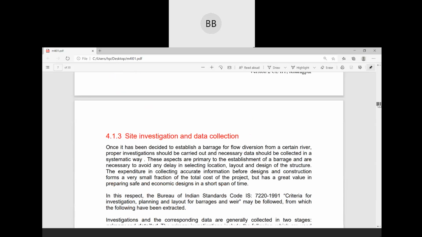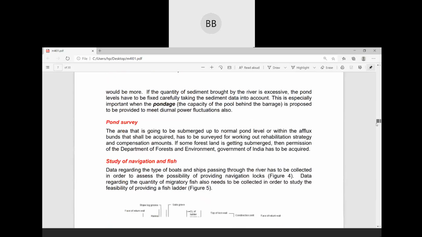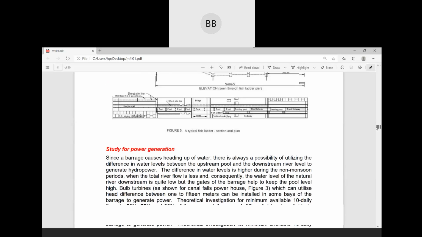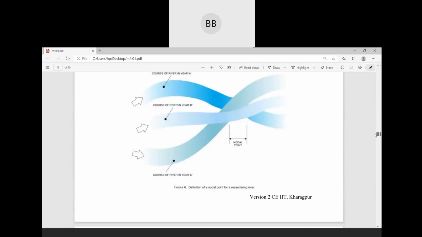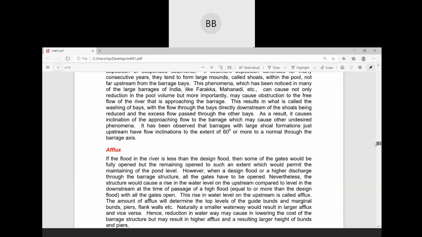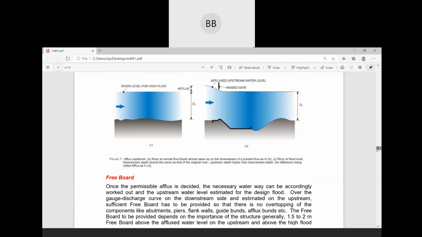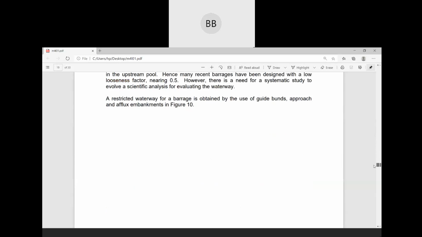If you want to go through all these notes, you can. Everything is very clearly mentioned here, and the design part is also here, so you people can refer. Those parts are not in our syllabus.